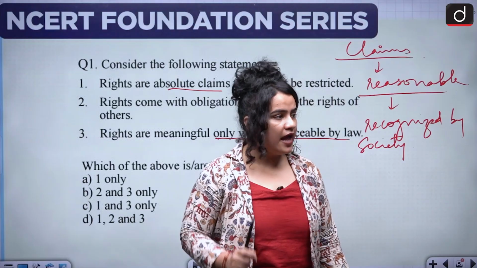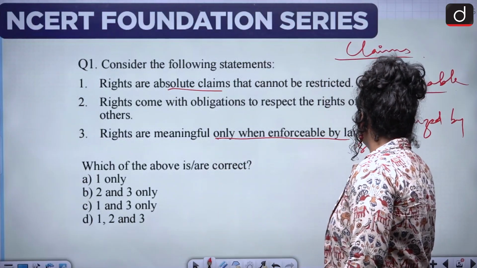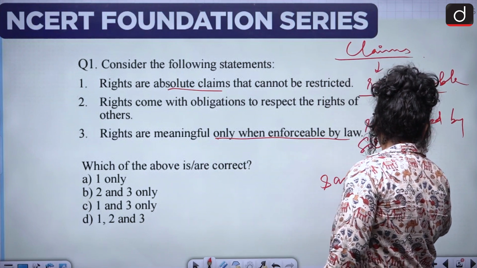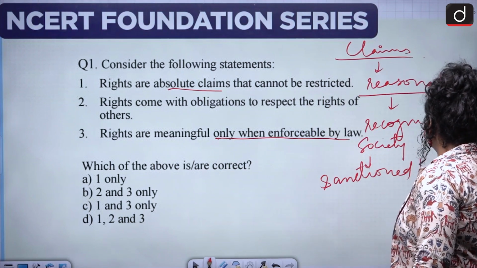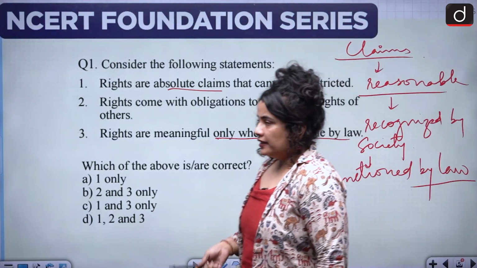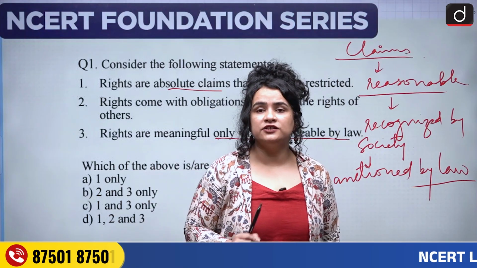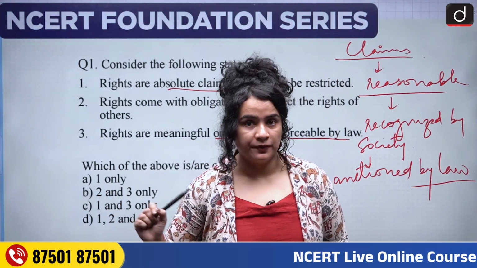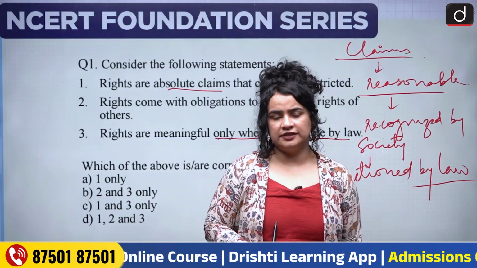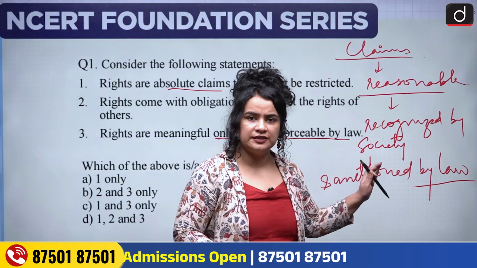All right. Now, another very important thing is that rights have to be legally enforceable. In other words, rights have to be sanctioned by law. Again, the example that we took was that of me waking up and choosing to cast 100 votes in the upcoming elections instead of 1. First of all, it's unreasonable, but let's say in a different society, in a different social setup, it was a reasonable claim.